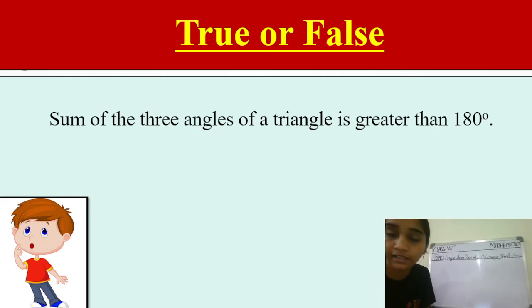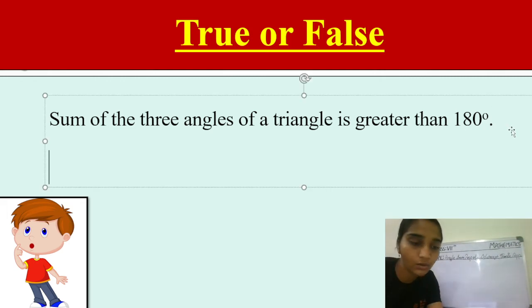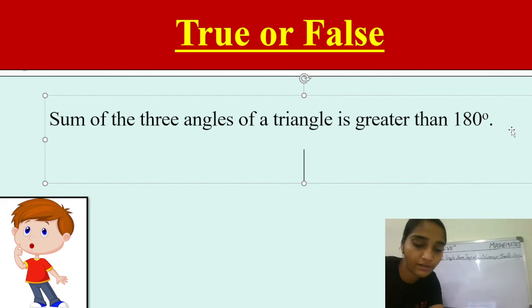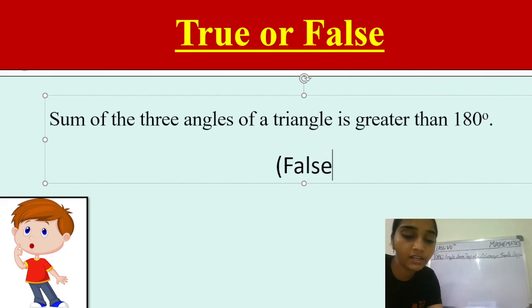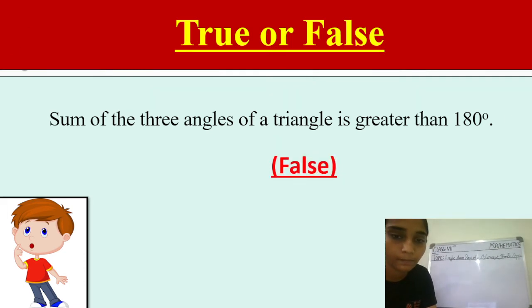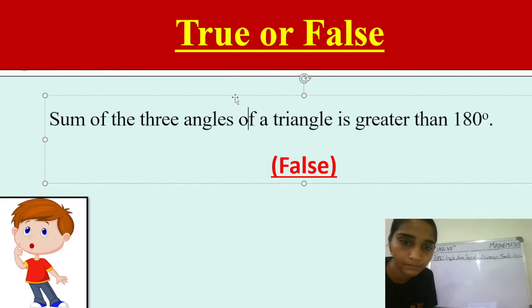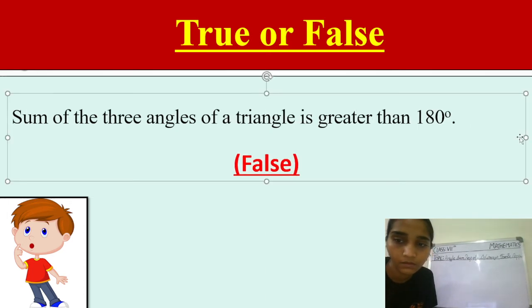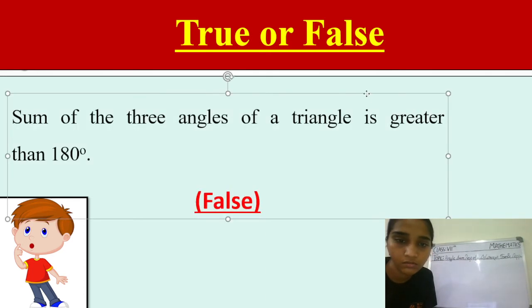If you are saying that it is a false statement, you are correct. Why? Because we have just studied the angle sum property of a triangle, that the sum of the angles of a triangle is equal to 180 degrees, not greater than 180 degrees. So this is a false statement. Very good, students.